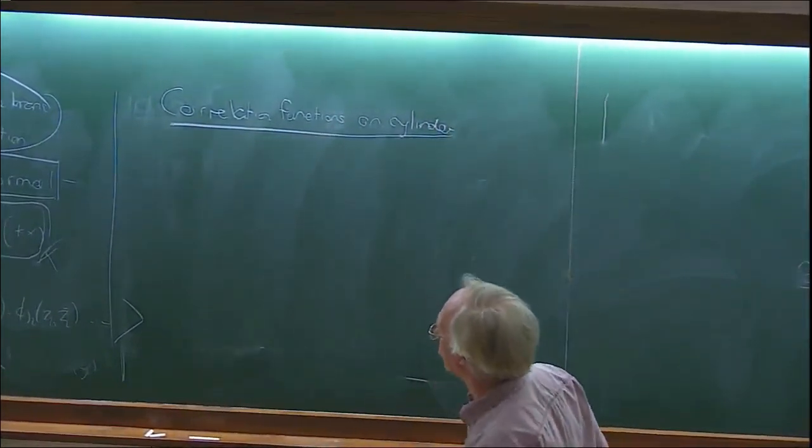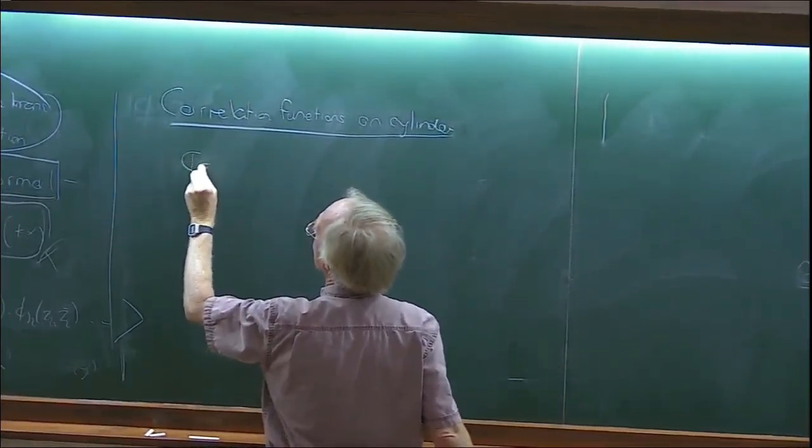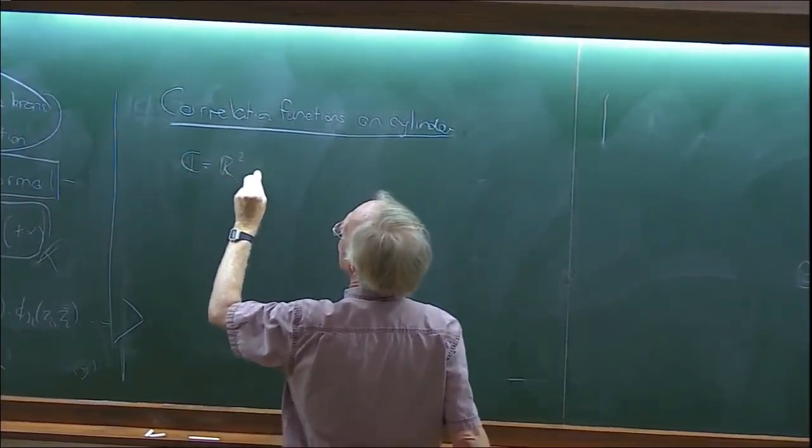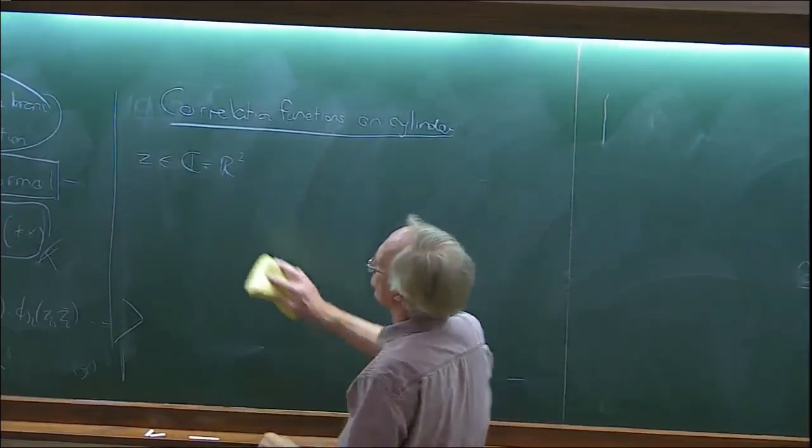So I'm going to start in the complex plane, which is R squared. So z is going to be a coordinate in this plane, or z bar.